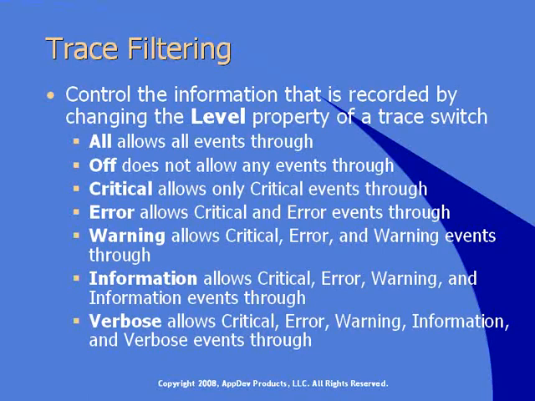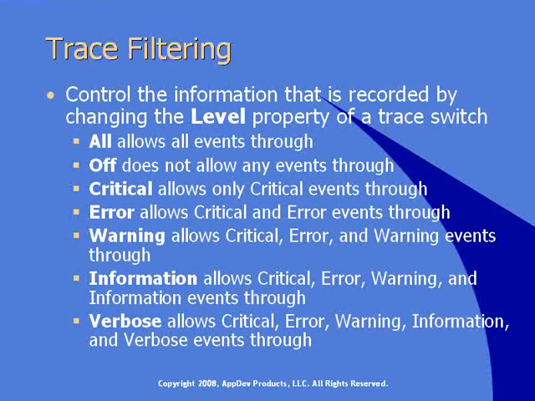So you might decide the only thing you're going to write to the event log are critical errors, the only thing you're going to write to an XML file is critical, error, and warning, and maybe you want to display in the output window absolutely everything.